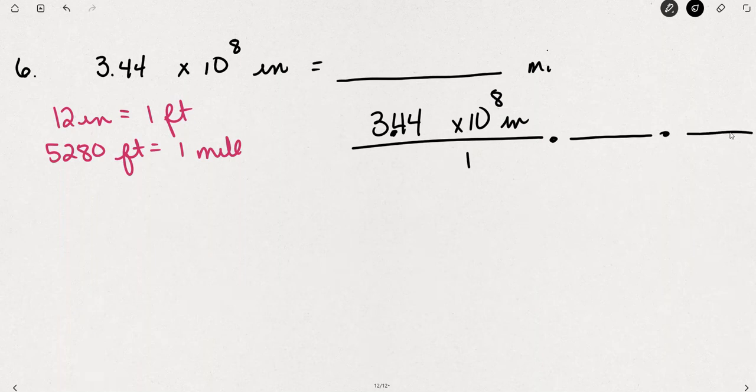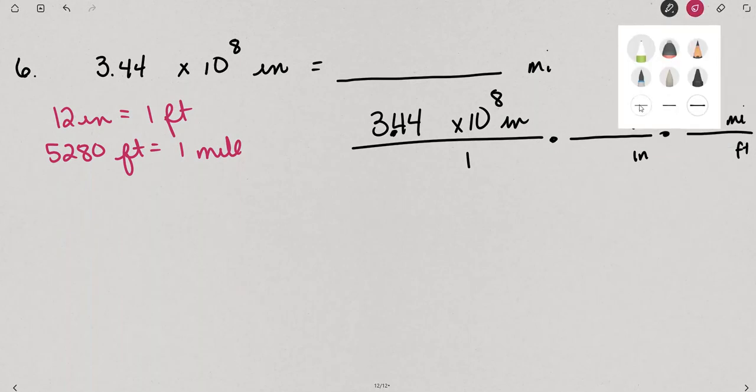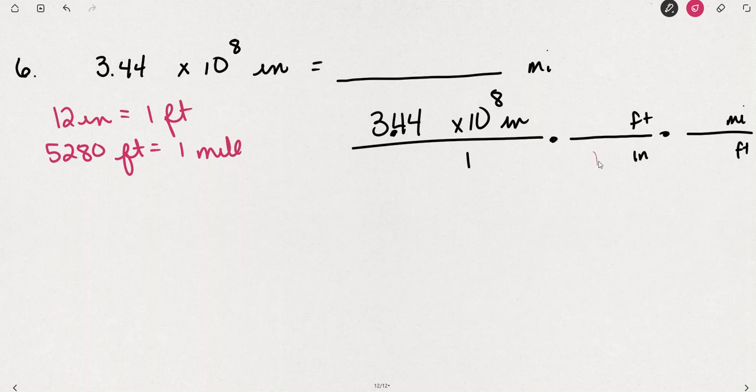And then I'm going to use these 2 unit conversions to go inches to feet, and then feet to miles. So for inches to feet, we've got 12 inches is 1 foot. 1 mile is 5,280 feet.